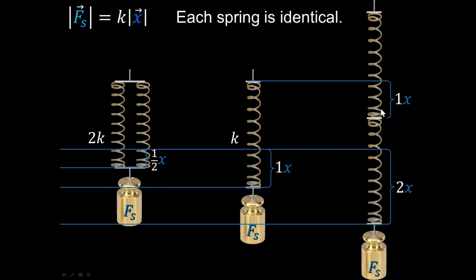But the other spring would have stretched that distance as well. That's why the same amount of force stretched it twice the distance. Each spring stretched this distance. So with the same amount of force, if it displaced it twice the distance, the spring constant must have been half what it was here. So springs in parallel, you double the spring constant. Two springs in series, you have the spring constant.